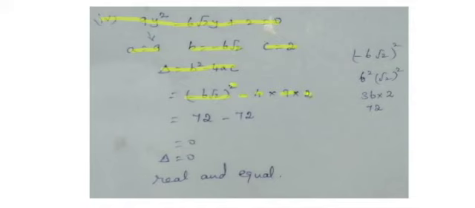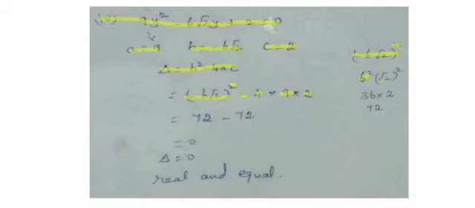Okay, 6 root 2 whole square. How do we square this term? I explained in this rough column. Minus 6 root 2 the whole square: we take the square of both 6 as well as root 2.